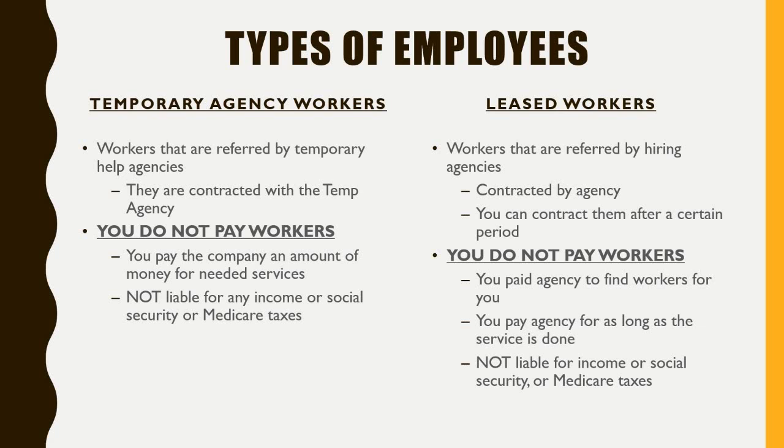But you are not actually being paid. The agency is going to pay you. Okay, so they're not, again, liable for any income or Social Security or Medicare benefits. Okay, so again, leased employees, they need to save that portion at the end of the check so they can pay taxes to the IRS.